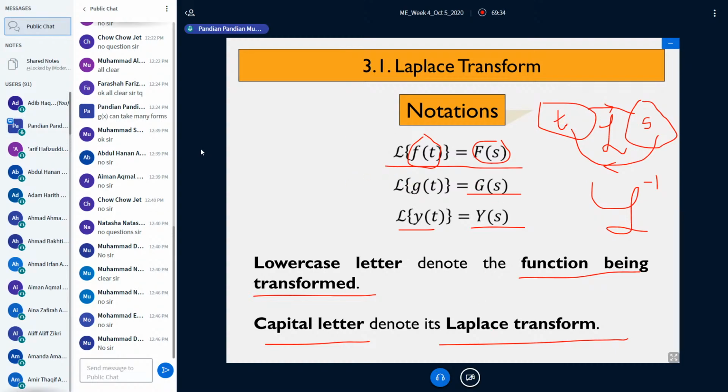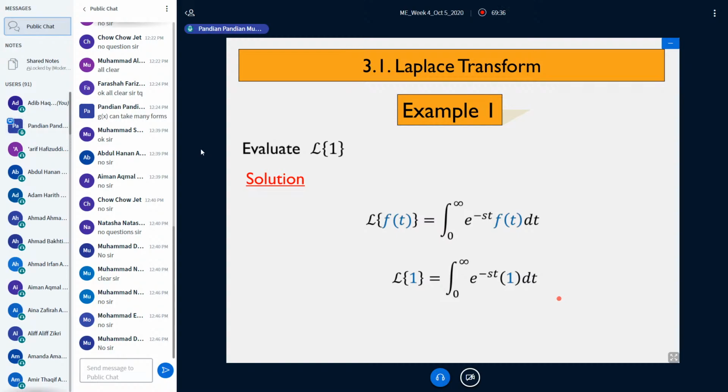Yeah? Simple one first. So what is Laplace of 1? 1 is t power 0. Write it down, yeah? This one is t power 0, and t power 0 equals 1. So Laplace of f(t), when f(t) is 1. So e power minus st, f(t) is 1.